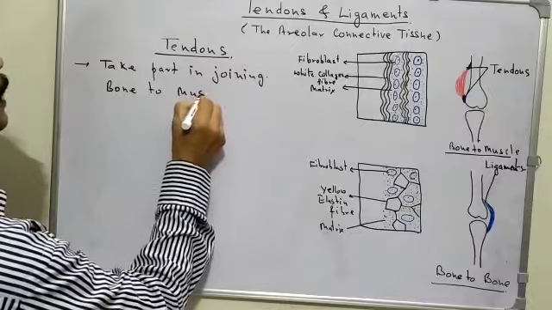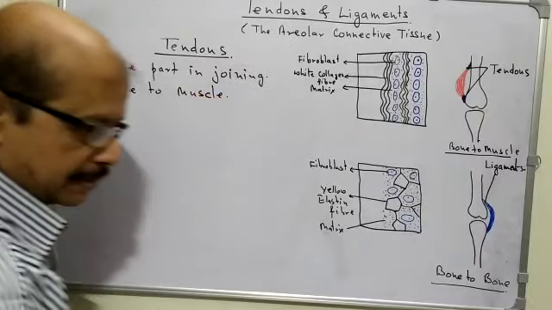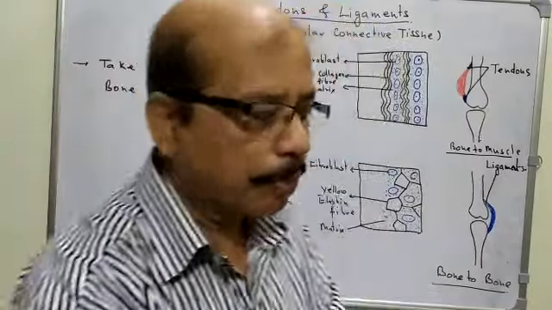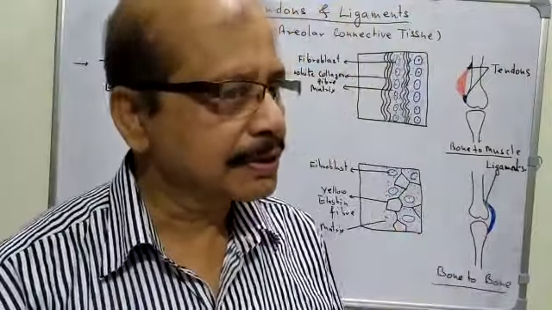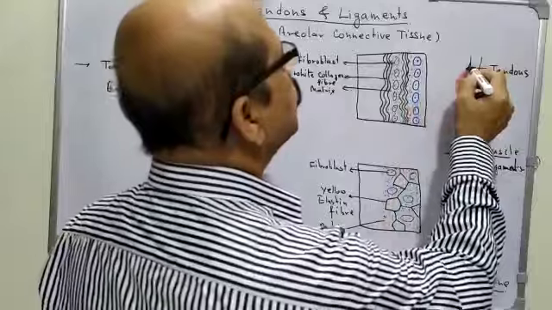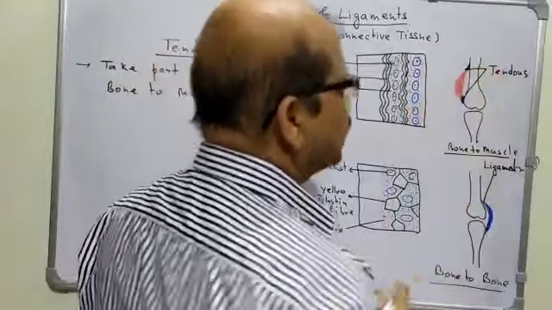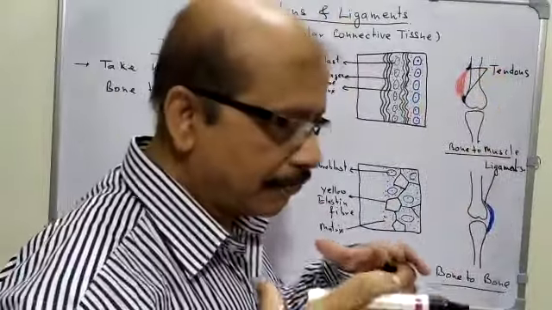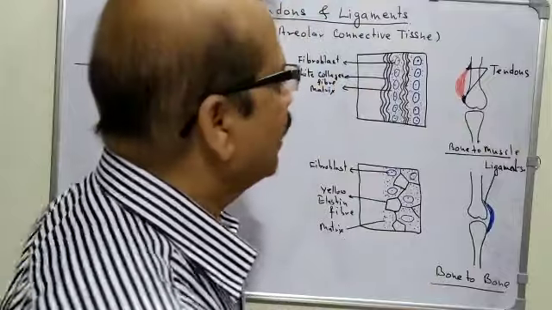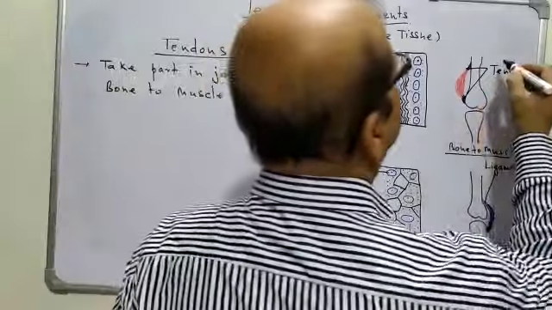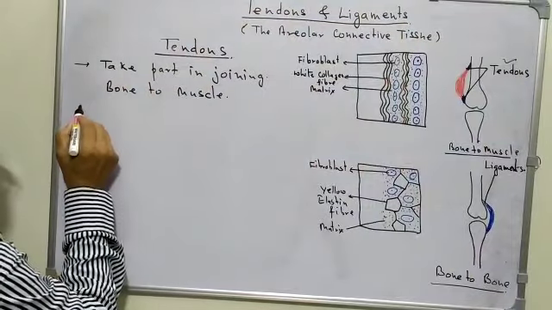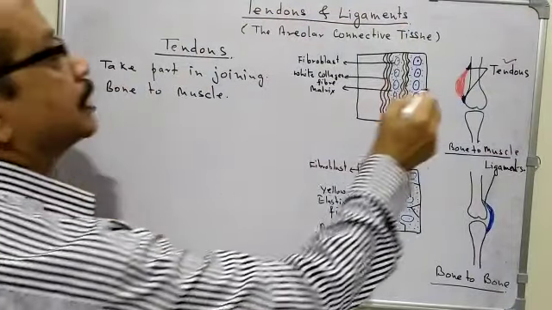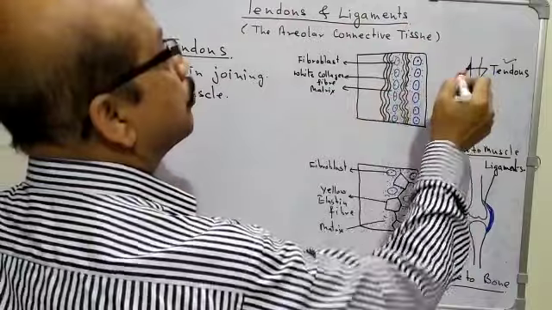Bone to muscle. All the muscles which are joined to bones are skeletal muscles, and these muscles are joined by two minute parts, very hard and very tightly arranged, known as tendons. So they take part in joining bones to muscles.